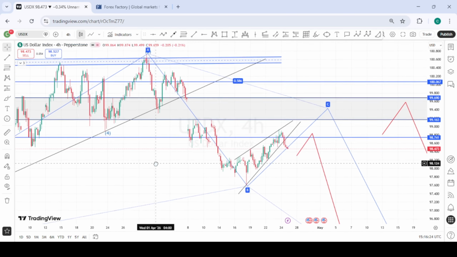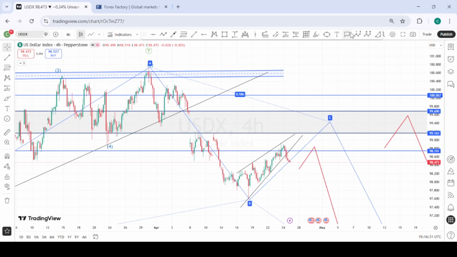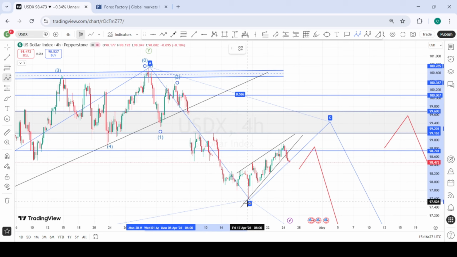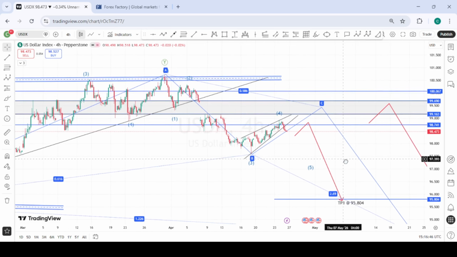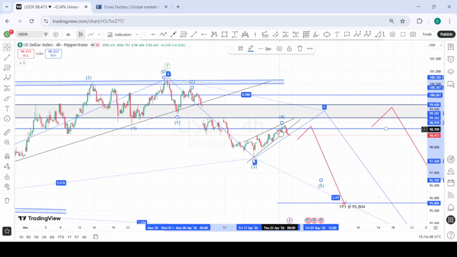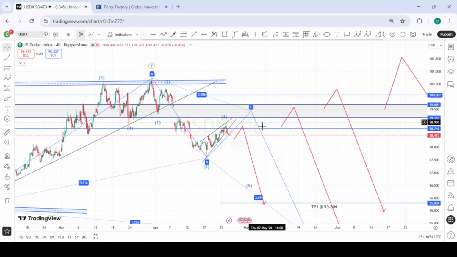If we are going to use Elliott wave to count this, it is likely going to be wave 1, wave 2, wave 3, and this is a possible wave 4, and we're anticipating a possible wave 5, which will be a bearish move from where price currently is. Should price violate any of these zones above, then we know that we are going bullish.